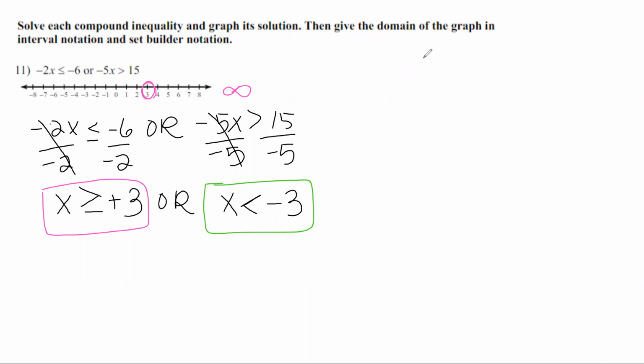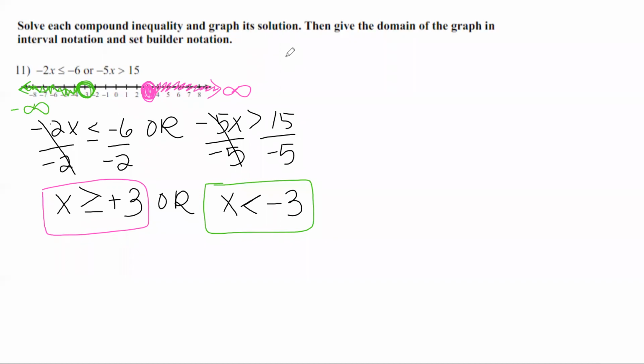So we have positive 3, closed circle. 6 is still bigger than positive 3, so we're shading in this direction still towards positive infinity. 15 divided by negative 5 is still negative 3. At negative 3, we're going to have an open circle. And any number smaller than negative 3, like negative 8, we're going to shade in that direction all the way towards negative infinity.